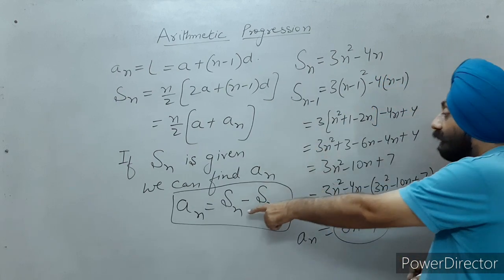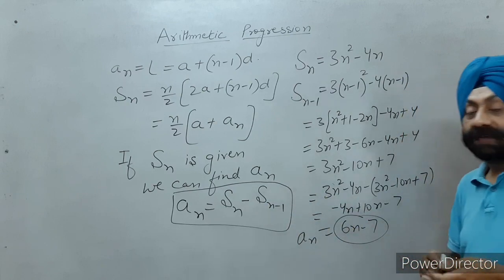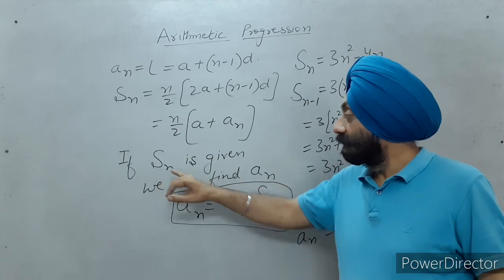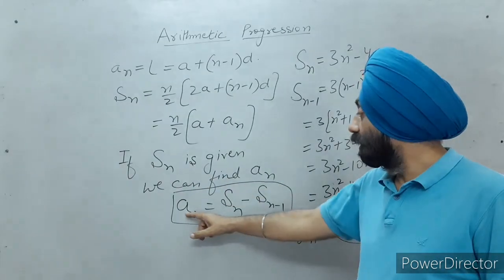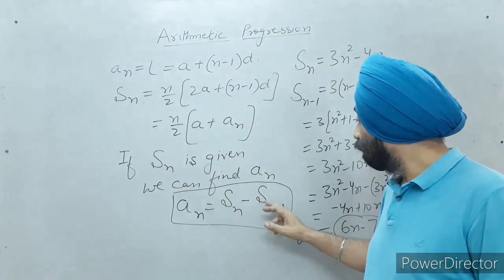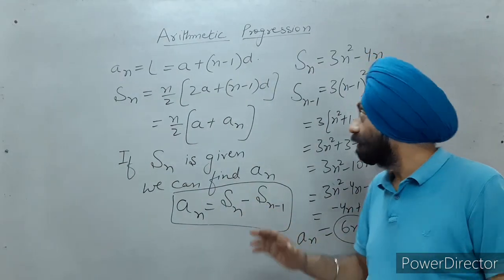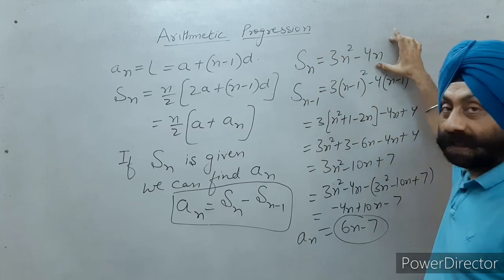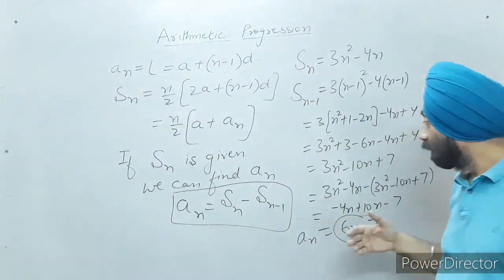This is the formula I have used to find the nth term when the sum of n terms is given to us: an equals sum of n terms minus sum of n minus 1 terms. I have given you an example. The sum of n terms was given as 3n square minus 4n.